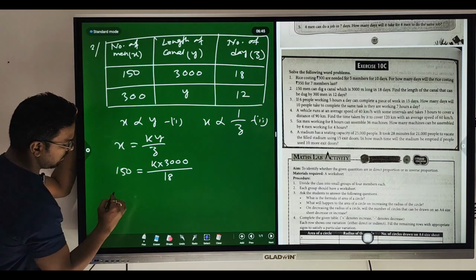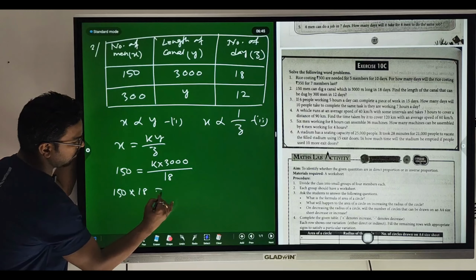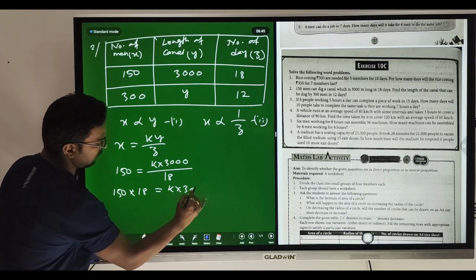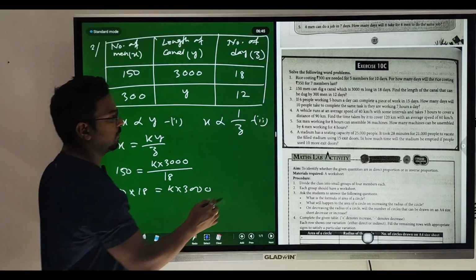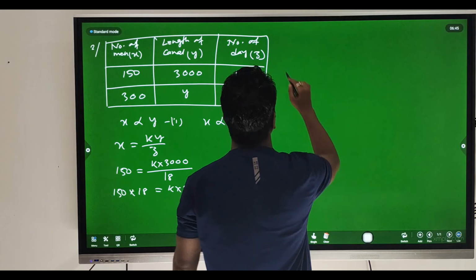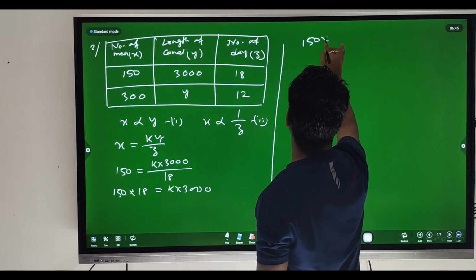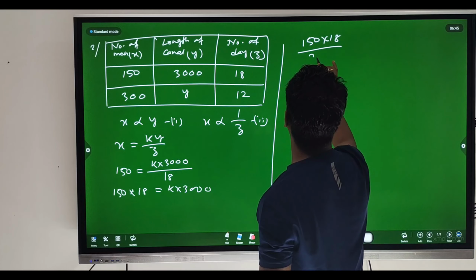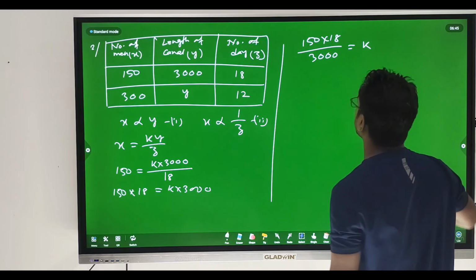So take it to the other side, it will become 150 into 18 equals k into 3000. Bring this to the other side, what will you get? 150 into 18 divided by 3000 equals k, right?